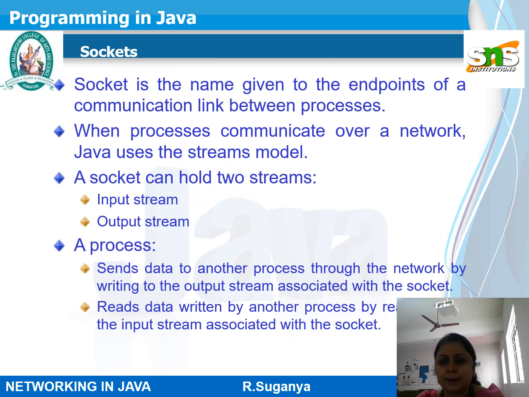A socket is a name given to the endpoint to link between two processes, which means client and server. The client always gives a request to the server, and the server responds to the client. When processes communicate over a network, Java uses two streams: one is the input stream, the other is the output stream.